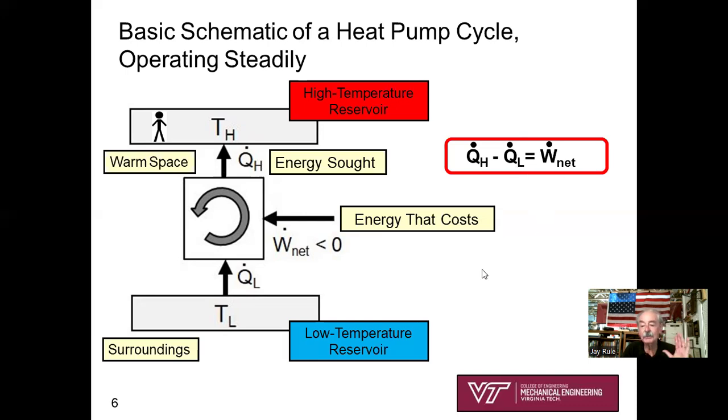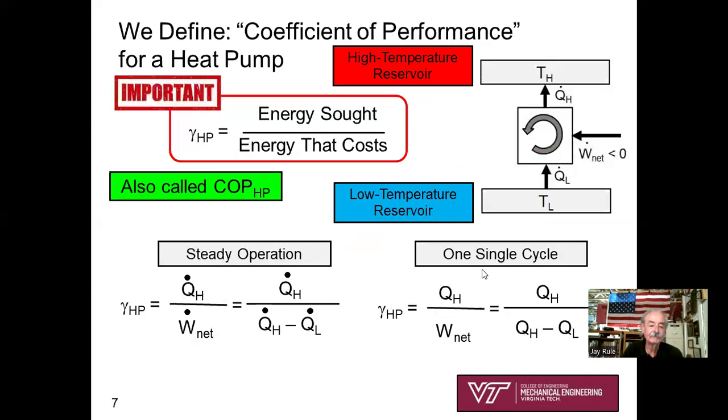All right, let's do an example problem. No, let's not. Let's define formally the coefficient of performance for a heat pump, and it is going to be different than that of a refrigerator. This is a key. I've labeled it important because many students overlook this, and that's why they blow their quizzes or miss some test problems.